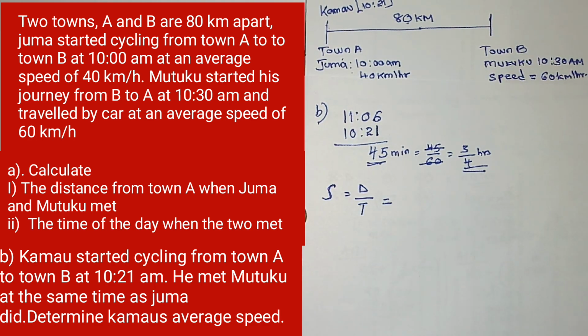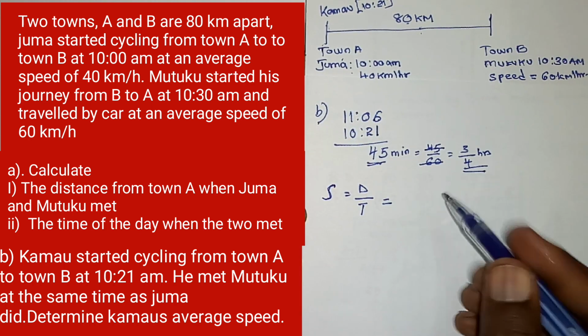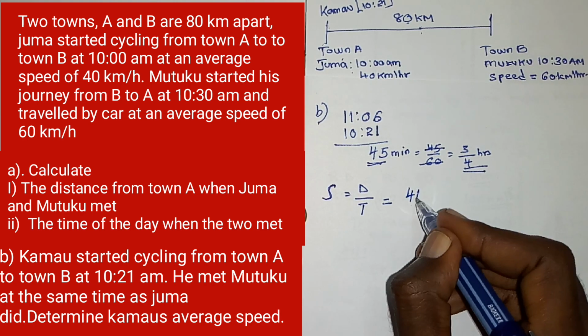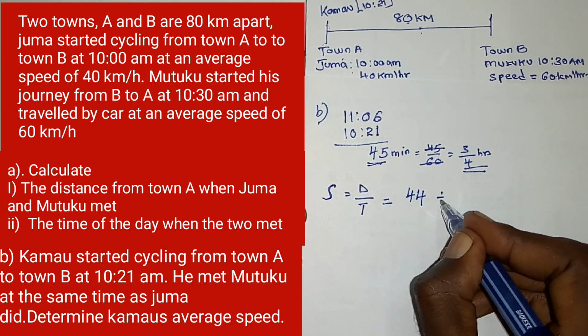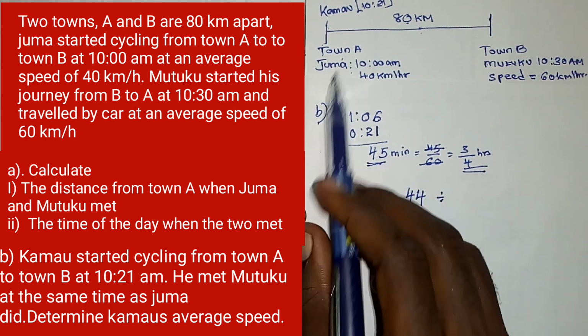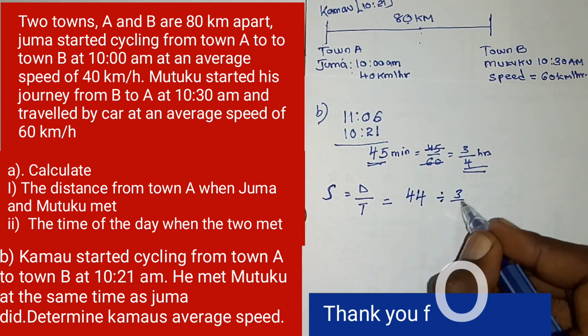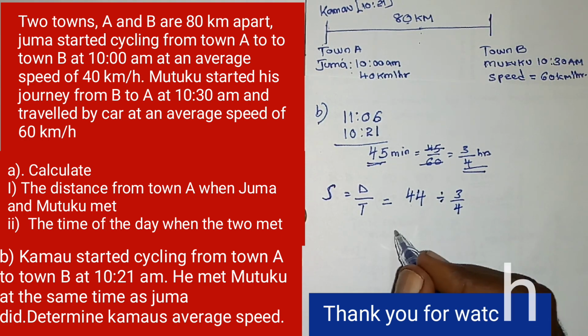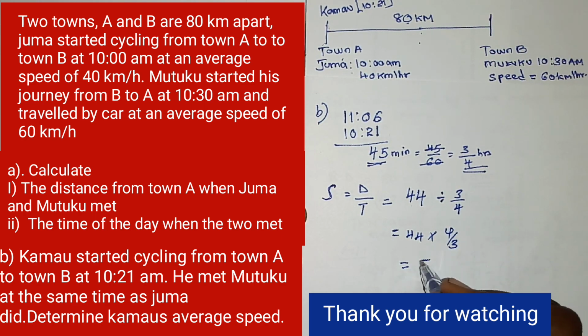The distance from town A to the meeting point is 44 kilometers, divided by the time taken by Kamau, which is 3 out of 4 hours. This will be 44 times 4 out of 3, and we get 58.67 kilometers per hour.